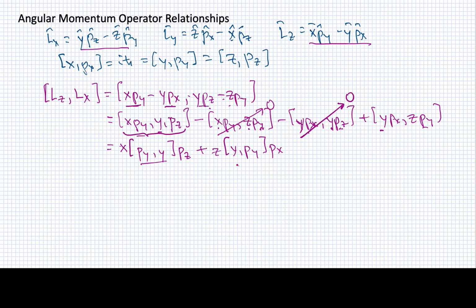So this is the one I want to keep. Well, the commutator of y and py I know is i h bar. This one is minus i h bar because I've got them in reverse order. So when I write that out, it'll be i h bar times this term, z px minus x pz, which is just the definition of Ly.